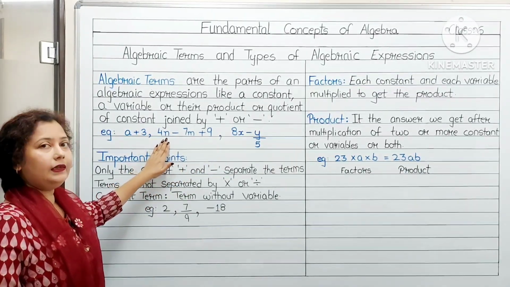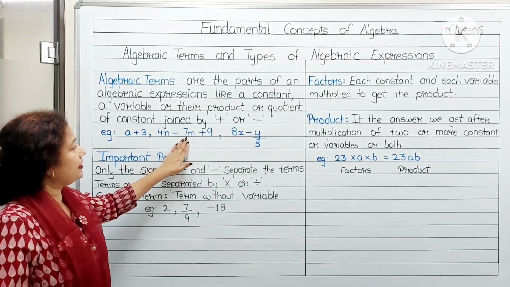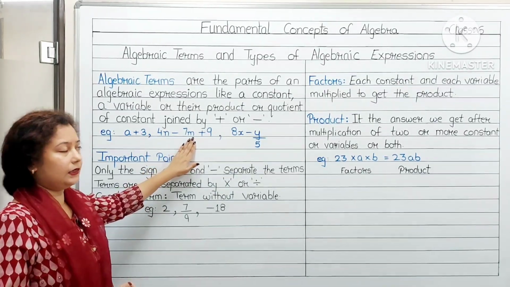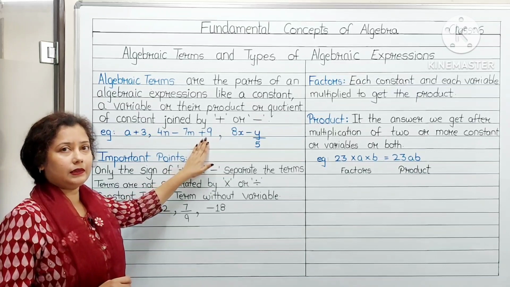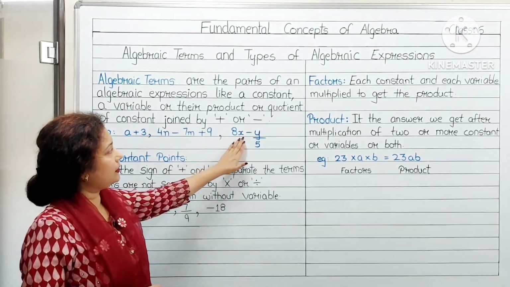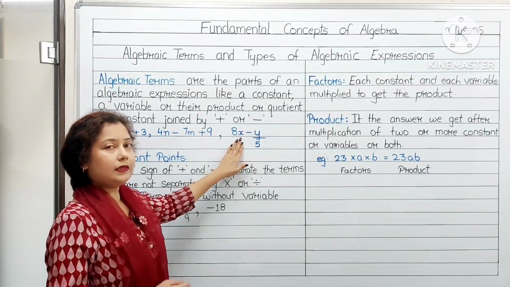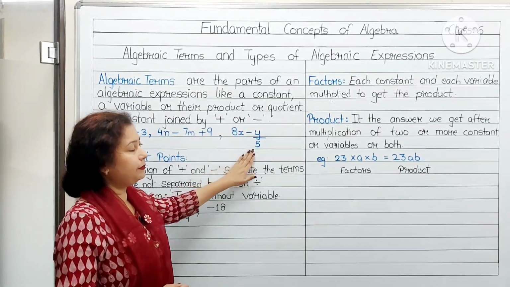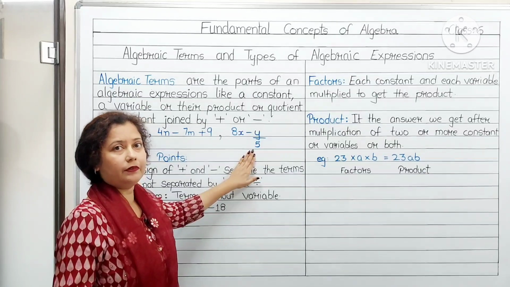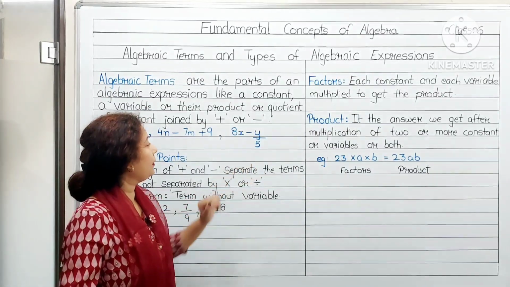So here 4n is the first term, 7m is the second term and 9 is the third term. 8x minus y upon 5. In this example, 8x is the first term and y upon 5 is the second term of algebraic expression.